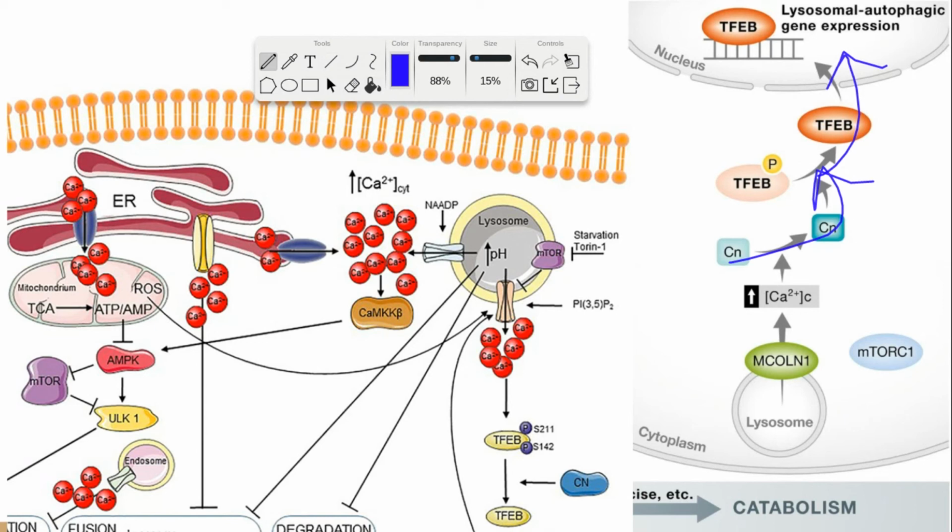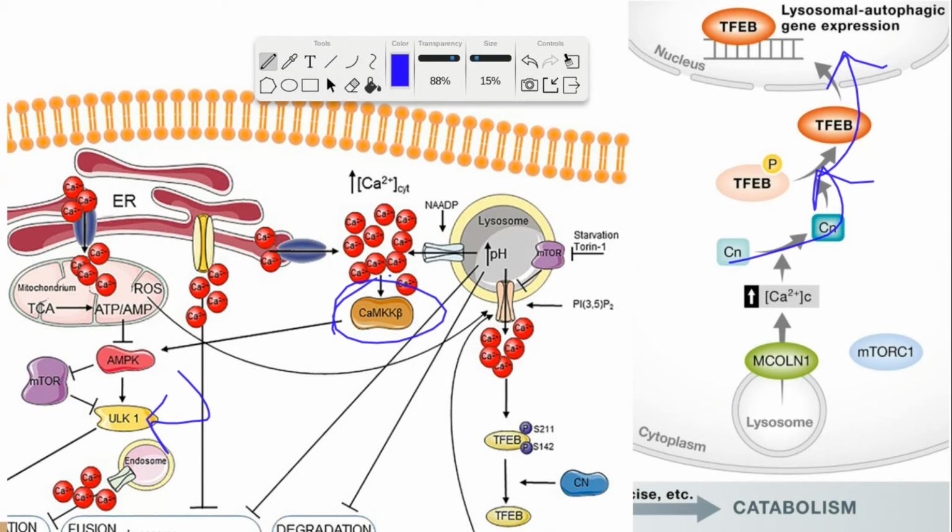So calcium flux activates autophagy in at least 3 different ways. CaMKK beta can be activated, which activates AMPK, and AMPK is responsible for activating the autophagic pre-initiation complex, ULK1.